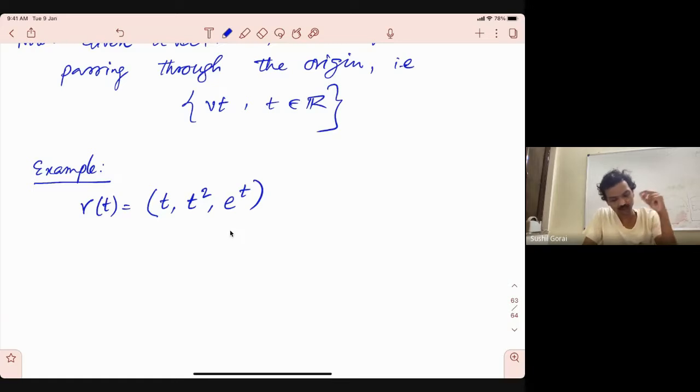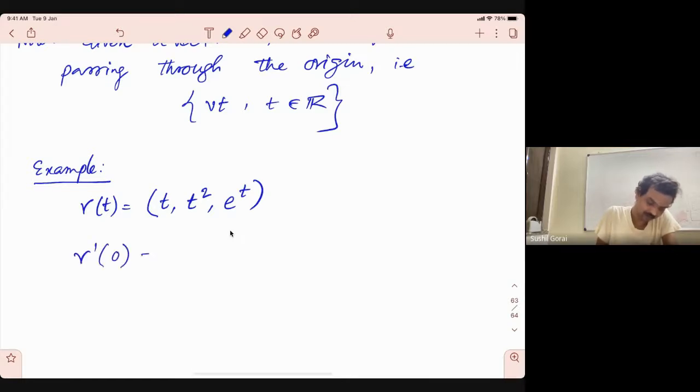And you can definitely calculate what gamma prime is at any point. So gamma prime at 0 is just 1, 0 and 1.